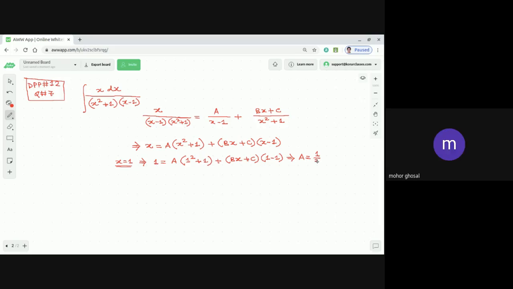So the first value we got is a. Now we need to find the value of b and c. Now let's compare the coefficient of x square in both left and right hand side of this identity, for example. Then what is the coefficient of x square in the left hand side?